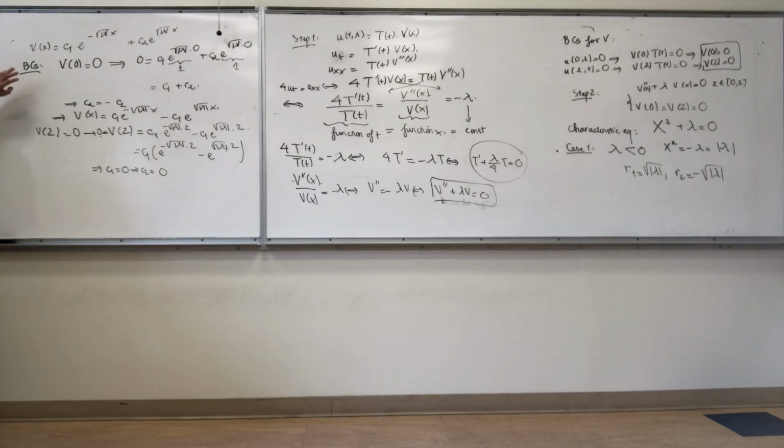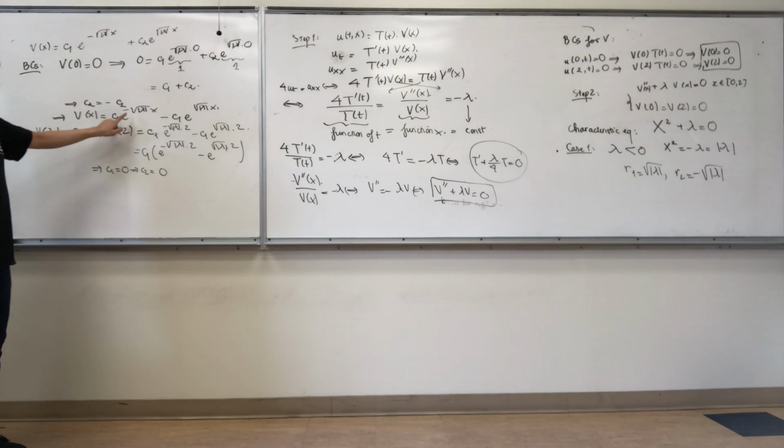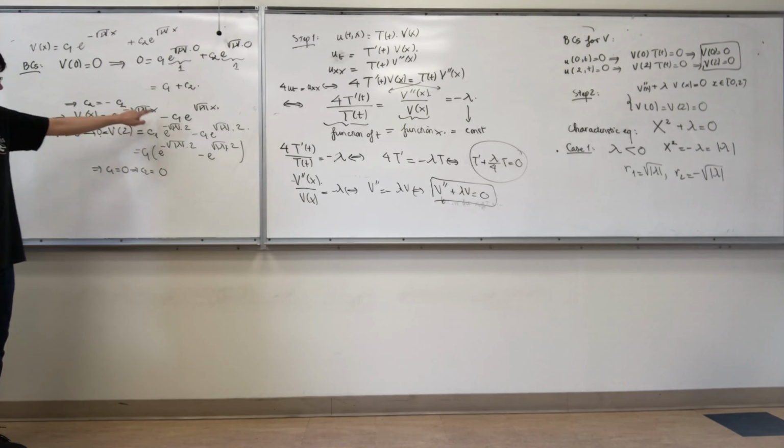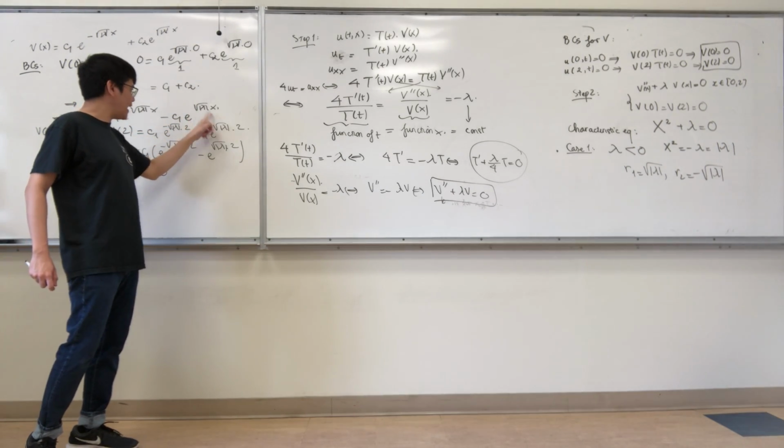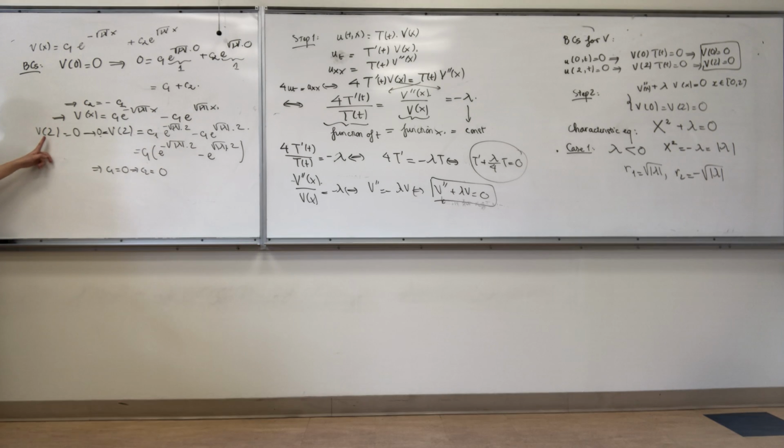So I explain again. After you replace the first boundary condition into the equation, you found that V is C1 exponential of minus square root lambda x minus C1 exponential of square root of lambda x, right? Now you're gonna use the second boundary condition.